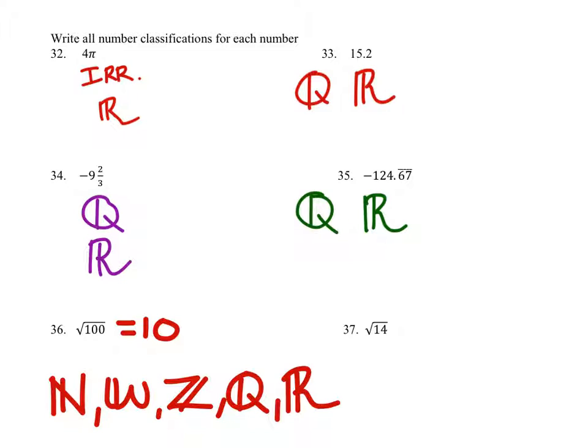The square root of 14, that's not a perfect square. So that means this one is going to be irrational, which makes it also real.